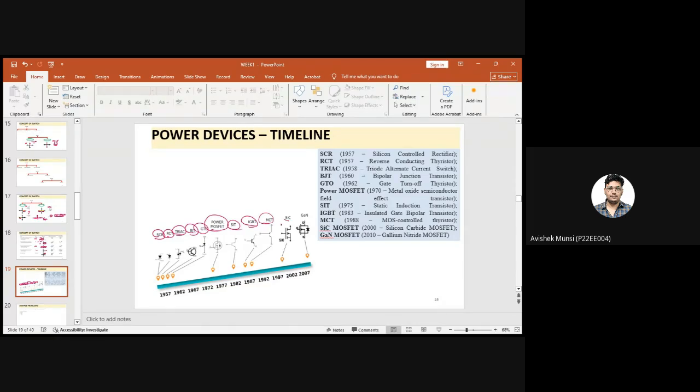Now presently they are working on the wide bandgap devices, the WBG devices, mainly SiC and GaN based MOSFETs. These are different from normal power MOSFETs because they have the capability of high frequency rather than the normal MOSFET range. They can conduct up to the megahertz range.